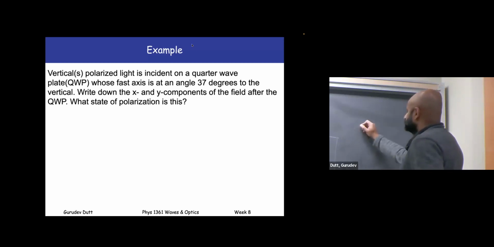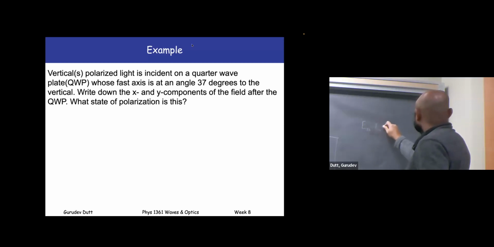So the state of light in this situation is E x 0 is just E naught cosine theta. E y 0 is E naught sine theta with a minus, where theta is 37 degrees.